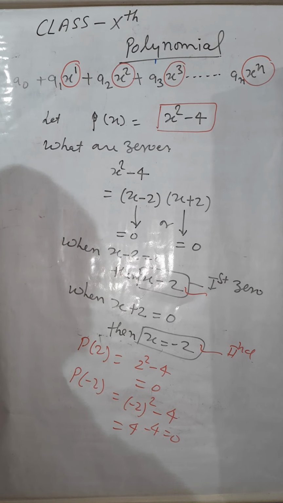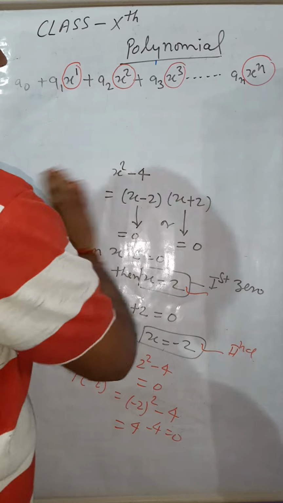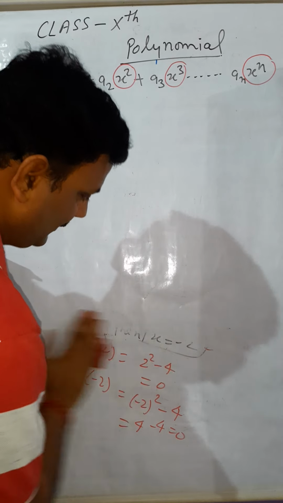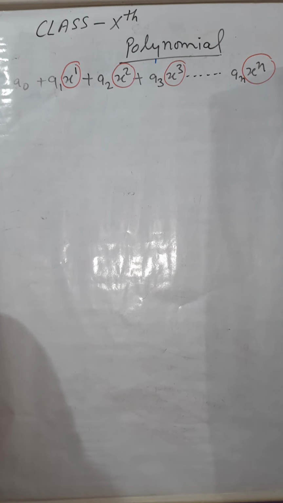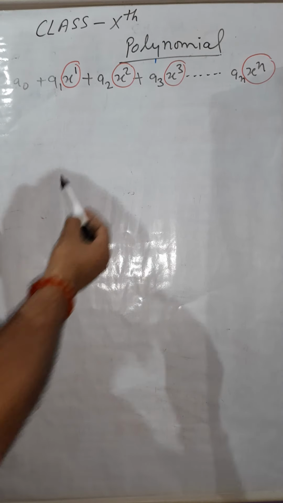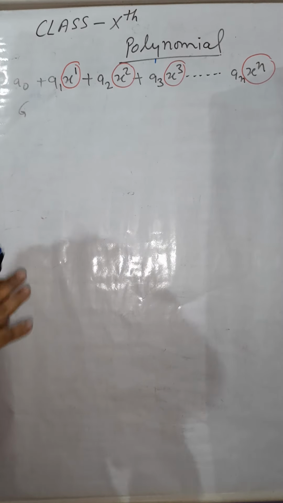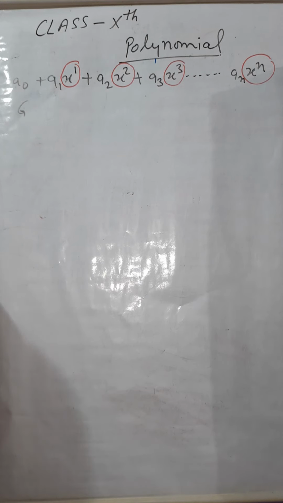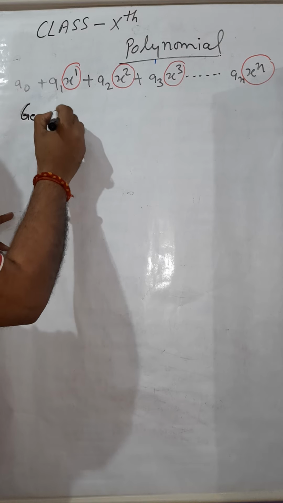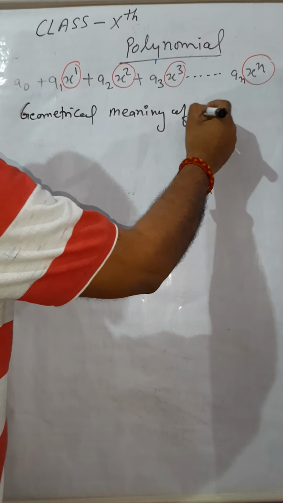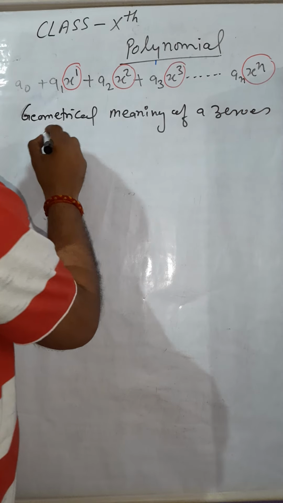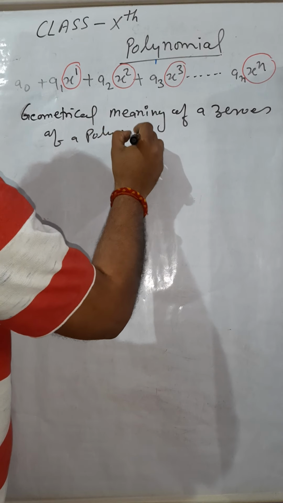So next is the geometrical meaning of the zeros of a polynomial.